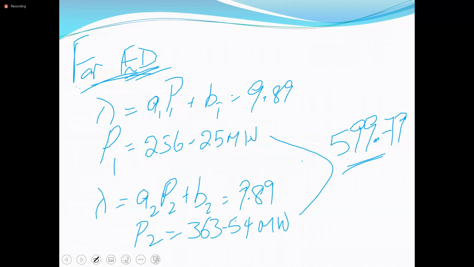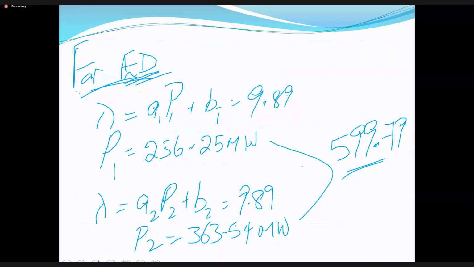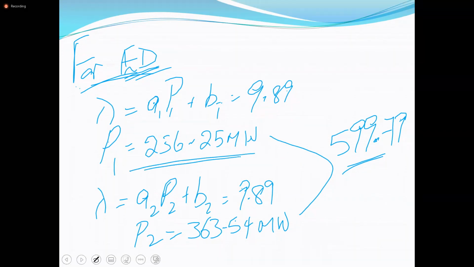So for this one, when we are supplying 600 megawatts, P1 is 236, and P2 is 363. We add them, we get back our 600 megawatts. And of course, the plant lambda will be dictated by both units.